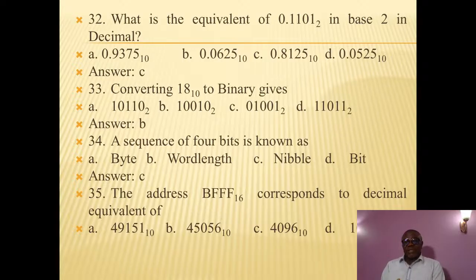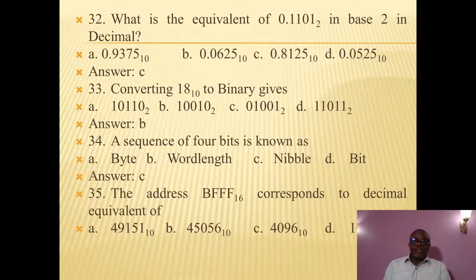So its decimal equivalent is 15 times 16 raised to power 0. The next one is 15 times 16 raised to power 1. The next one is 15 times 16 raised to power 2.